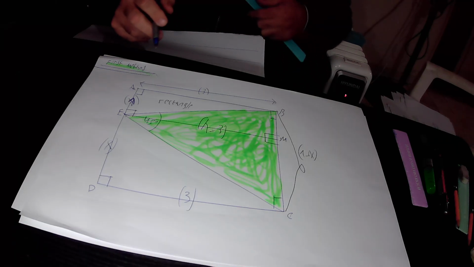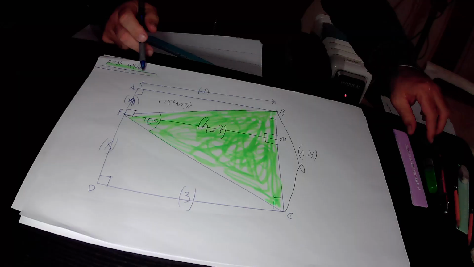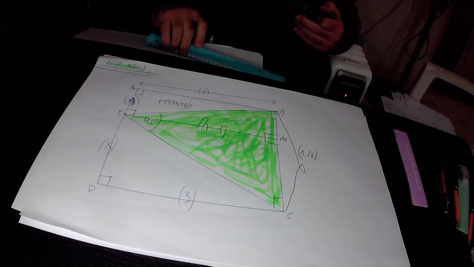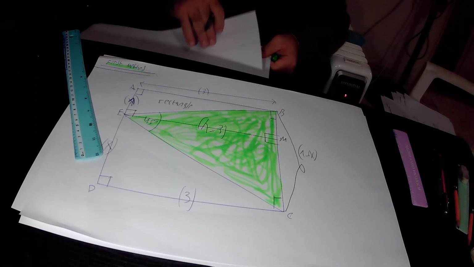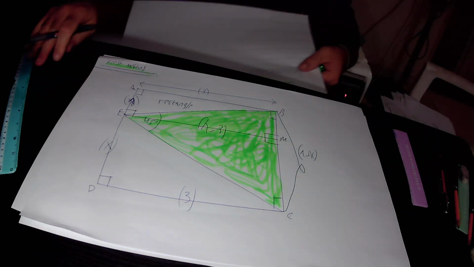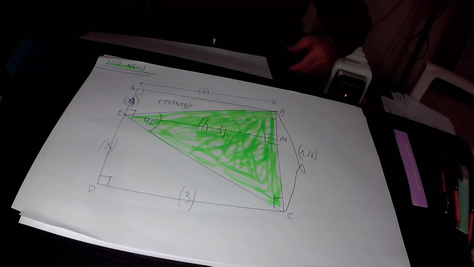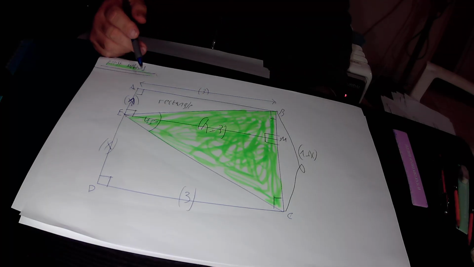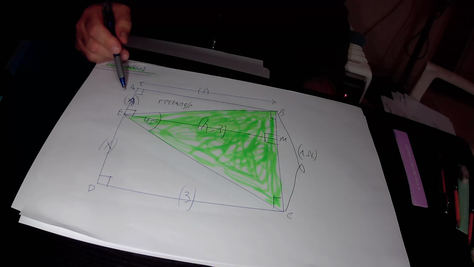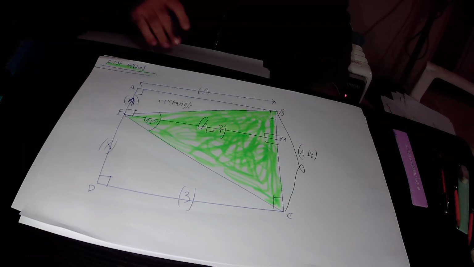Repeat again, in this upper right triangle AEB, according to the Pythagoras theorem, BE squared, that is the square of the hypotenuse, equals AB squared plus AE squared. BE is the missing hypotenuse, so BE squared equals AB squared. AB is 3, therefore AB squared is 3 squared, that is 9, plus AE squared. AE is 1, therefore AE squared is 1 squared, that is 1.